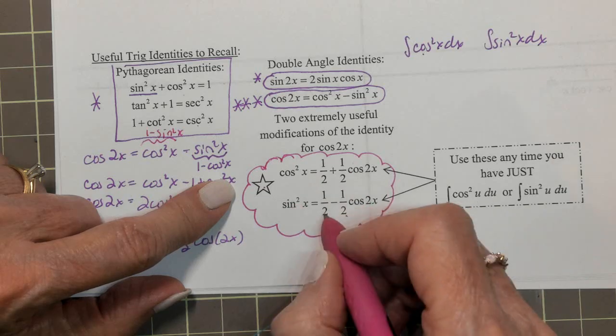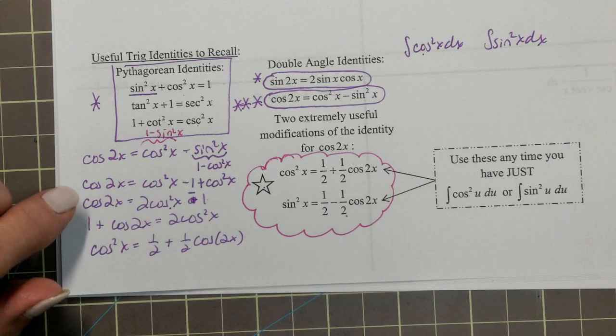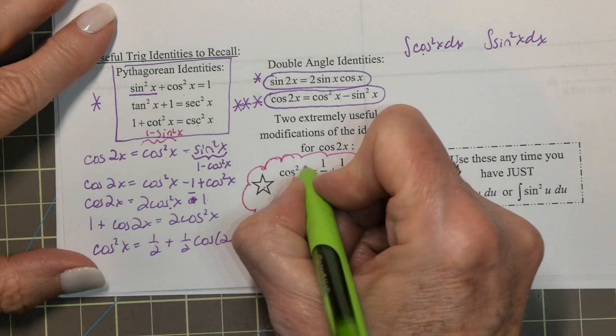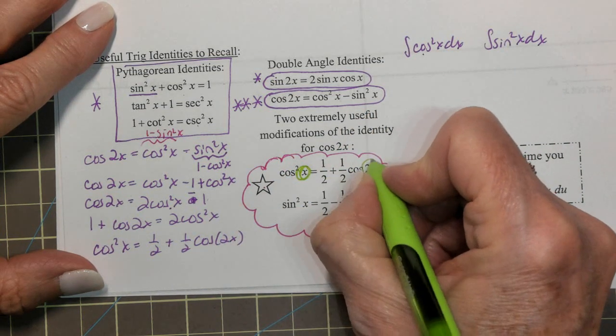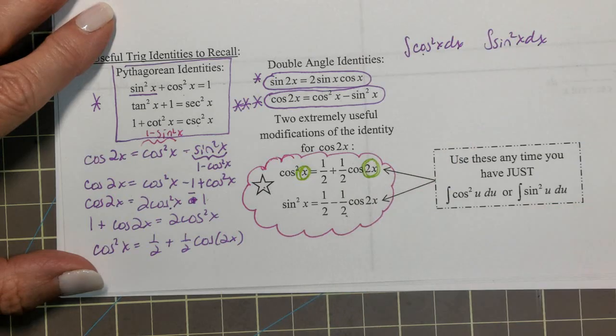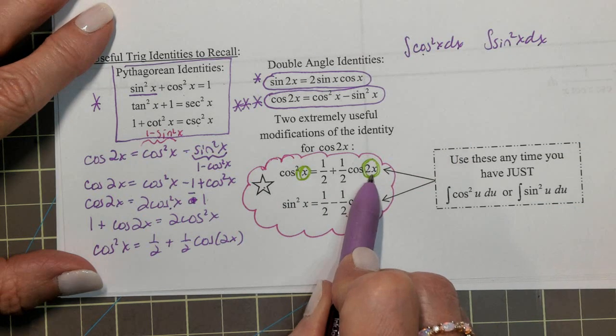Anyway, another thing to note here: whatever angle is here must be doubled over here. Whatever angle is there must be doubled over here.